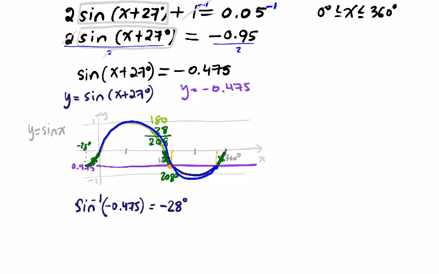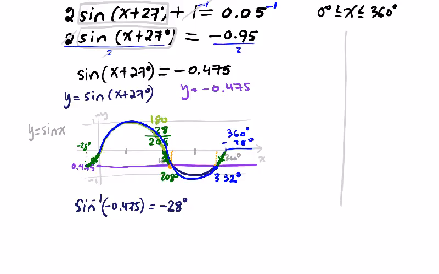So this last one will be 360 take away the 28 degrees. That will give us 332 degrees. These two are our base answers.